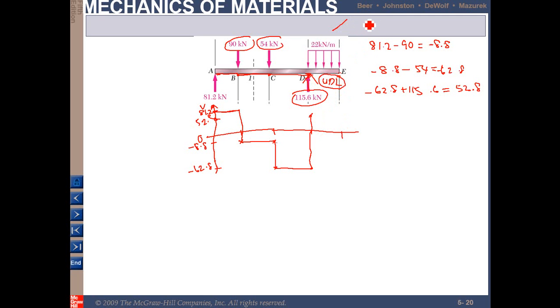Either it is like this or inclined like this. But because it is already 52.8 here, and the shear force at point E should be 0, it will be inclined like this. It cannot be inclined like this. It should be inclined like this, because at point E it should be 0. So that is why you get the shear diagram like this.